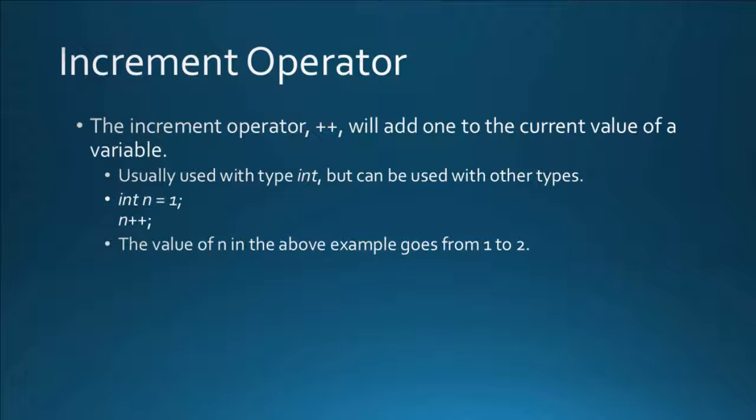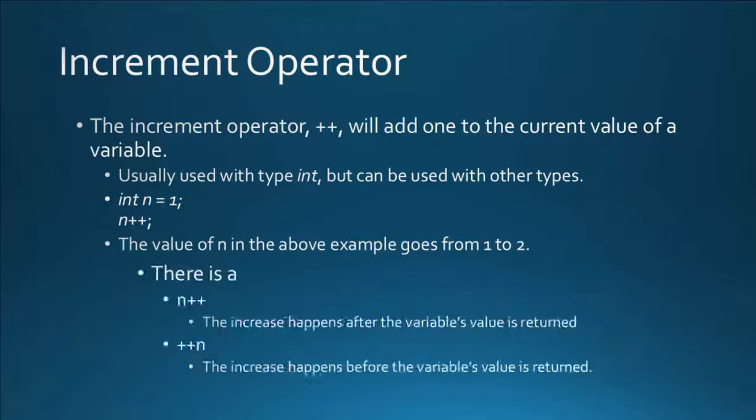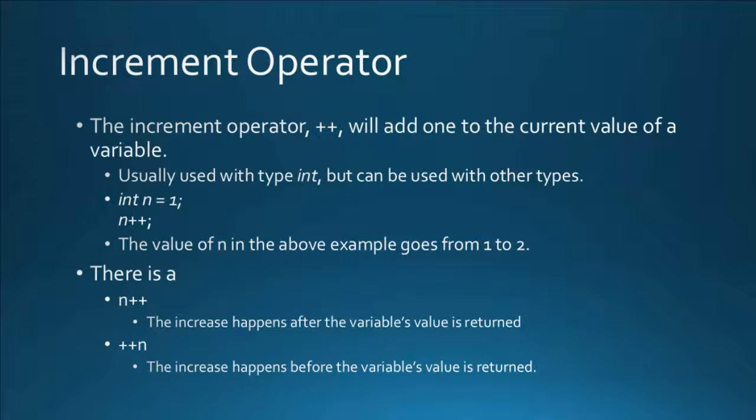I would now have n be a value of 11. Now, there are two things to talk about: n++ and ++n. The most common one you're going to see is the first one, n++. The increase happens after the variable's value is returned. With ++n, the increase happens before the variable's value is returned. We don't have to worry about that too much, but for the most part, we're going to end up using n++.